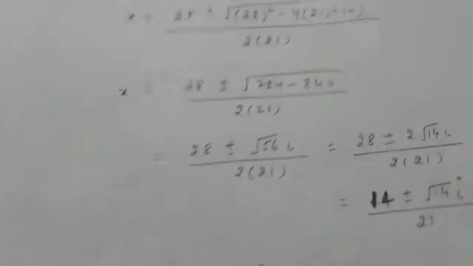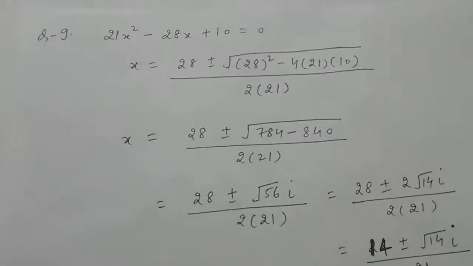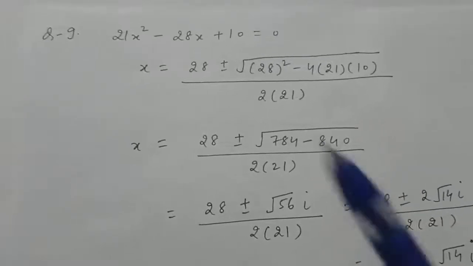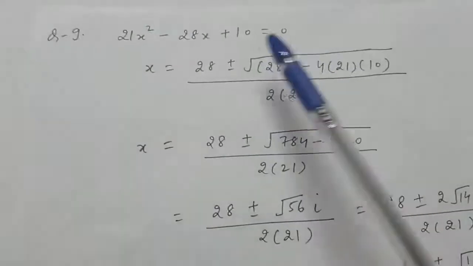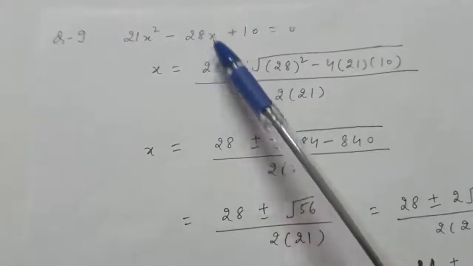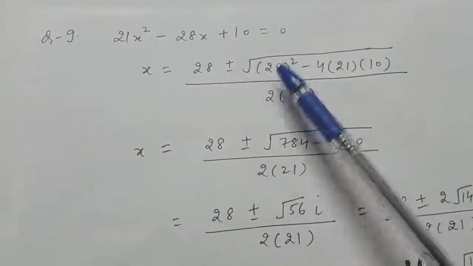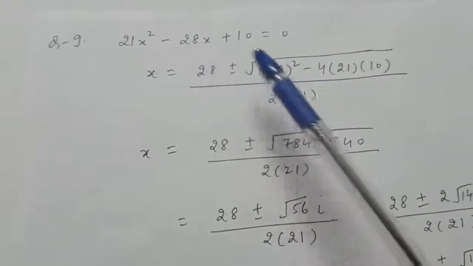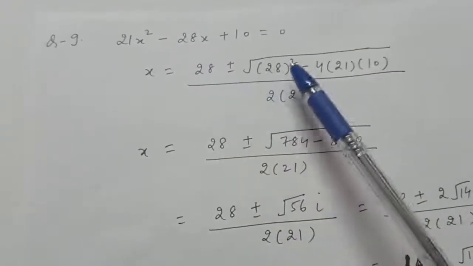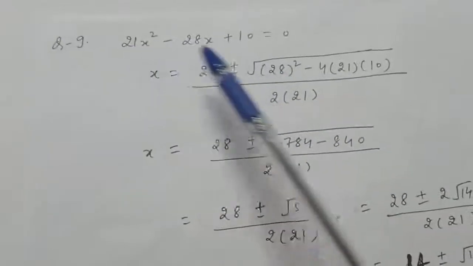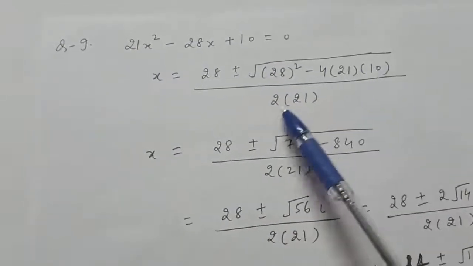Now question number 9 of miscellaneous, which is 21x square minus 28x plus 10 equal to 0. So x will be minus of b, which is 28, plus minus root b square, which is minus 28 square, or it is equal to 28 square also, minus 4ac upon 2a.